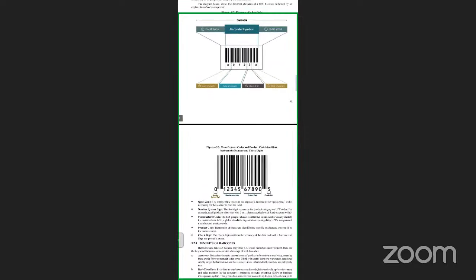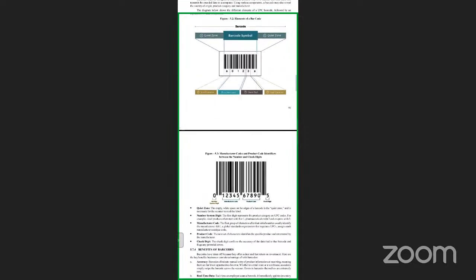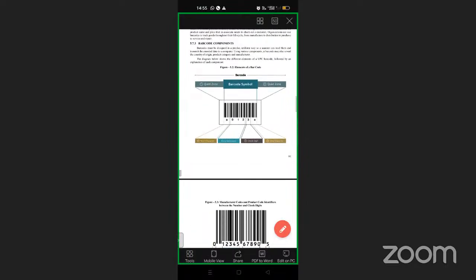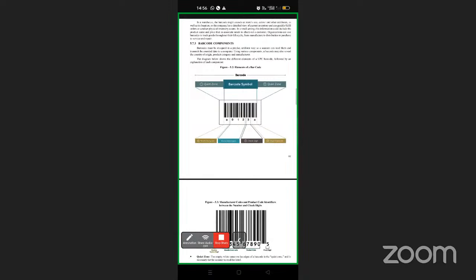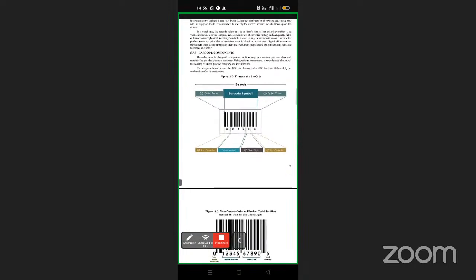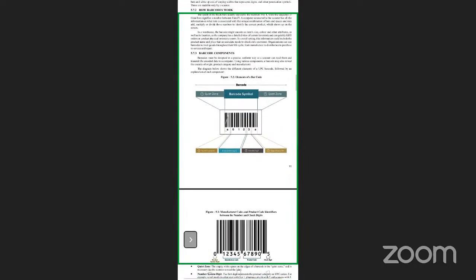And just look at here, in the picture. So this is called the quiet zone, means after this bar, you can just look, there is a space here. There is a space between the lines of this one and this space. So this is called the quiet zone. Why? Because that is required to read the data. Otherwise, it cannot be read.